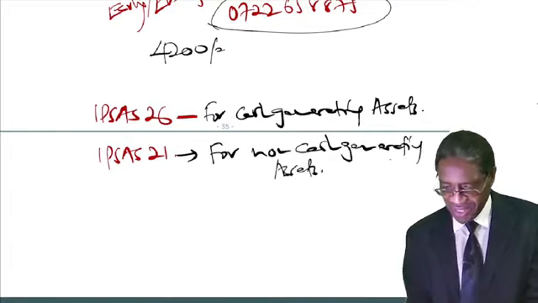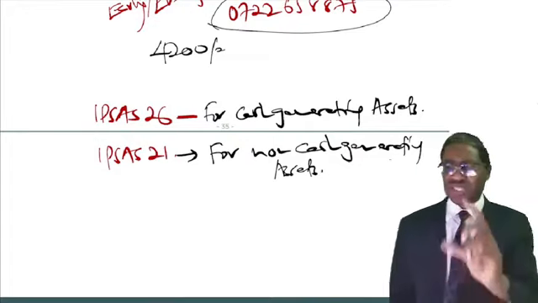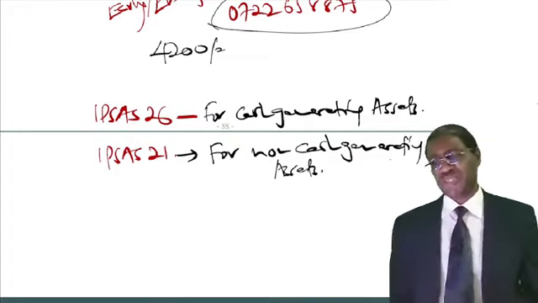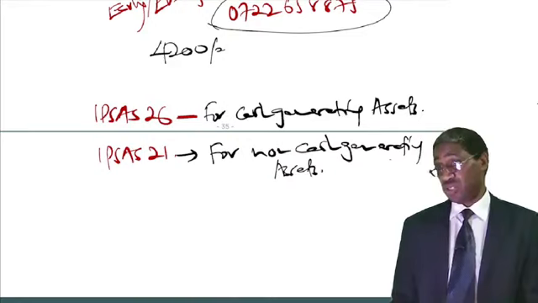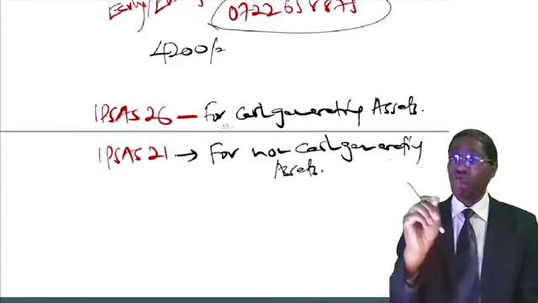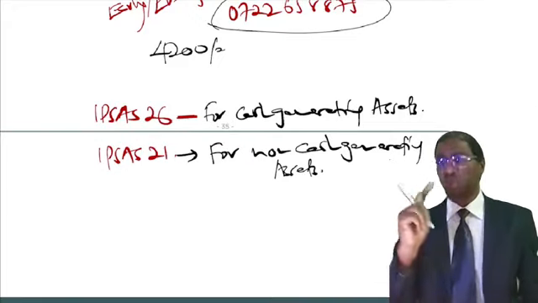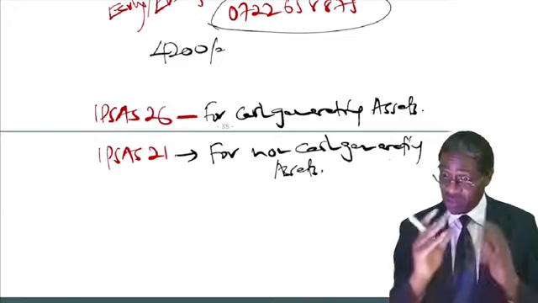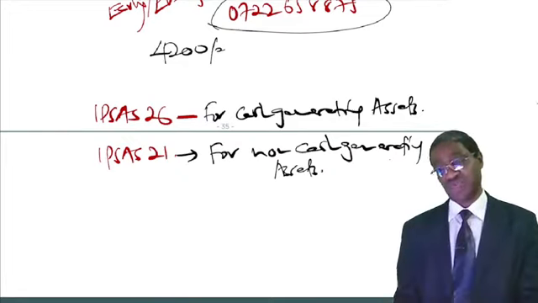Good. Now, I start with the first one, IPSAS number 26. How do you test for impairment of public sector assets which can generate cash flows?